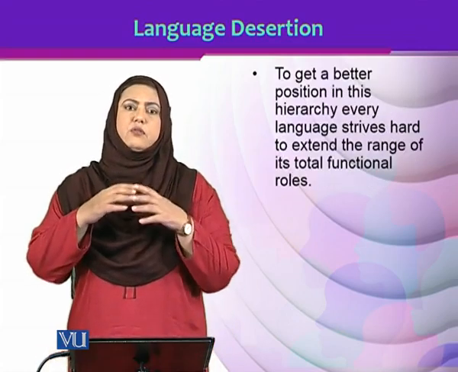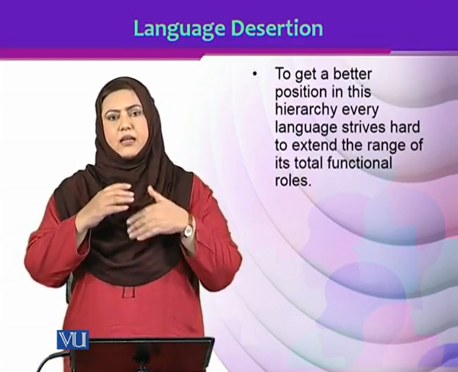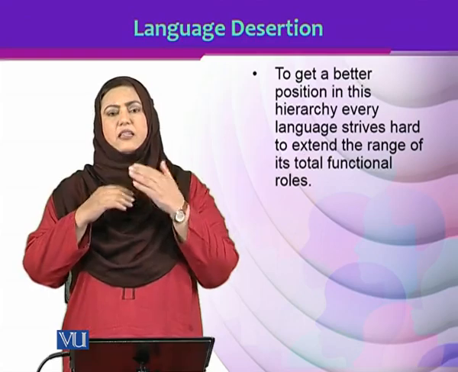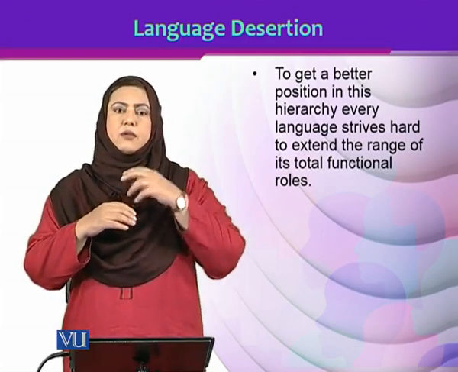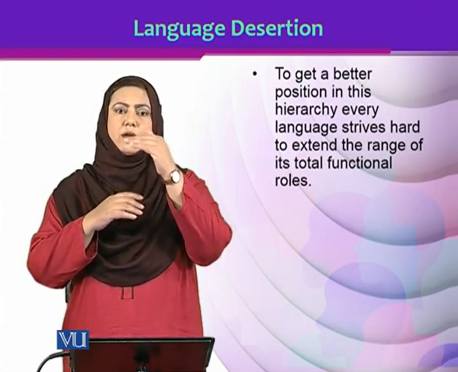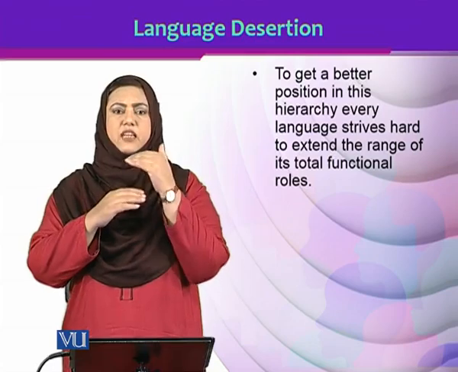In bi- and multilingual societies, there is always a hierarchy of different languages. There would be certain languages, for example English, that would have a higher status, followed by a national language, for example in our case, Urdu.